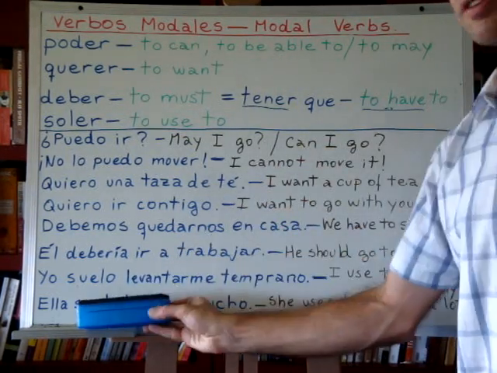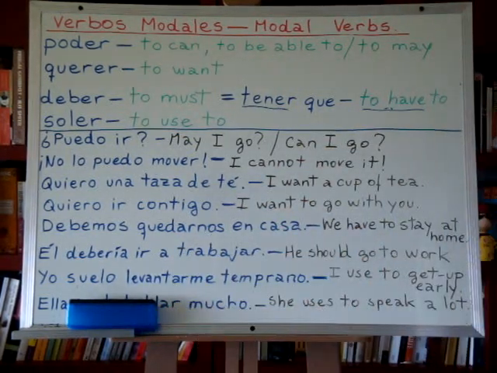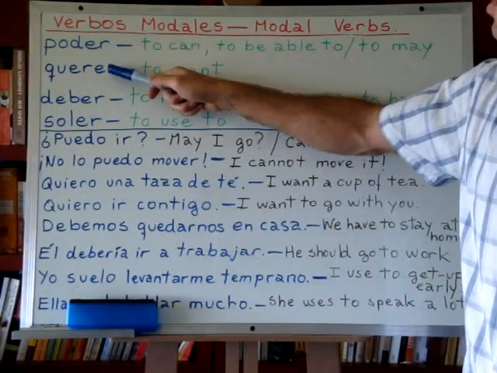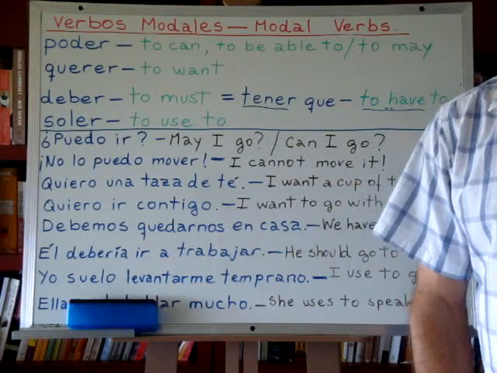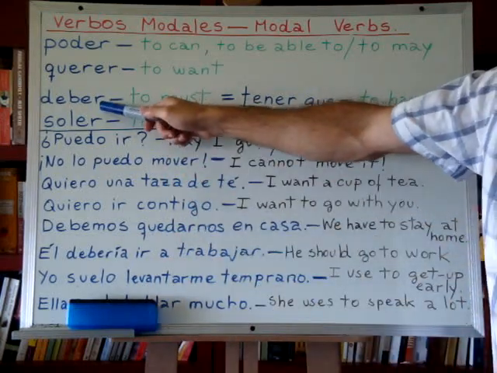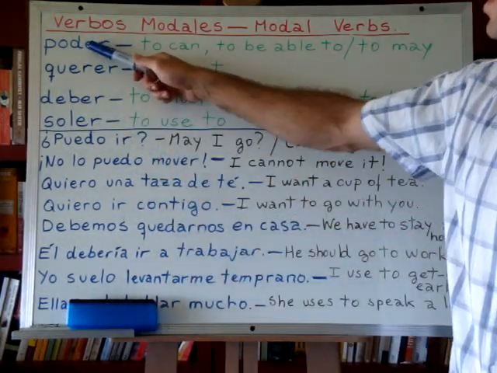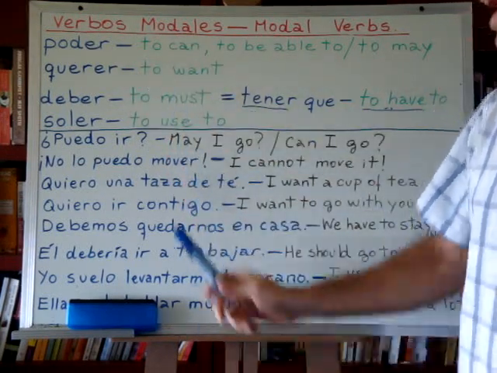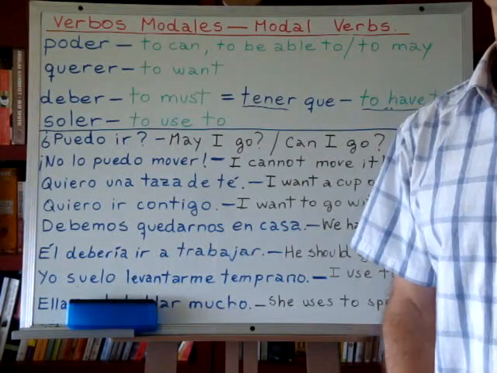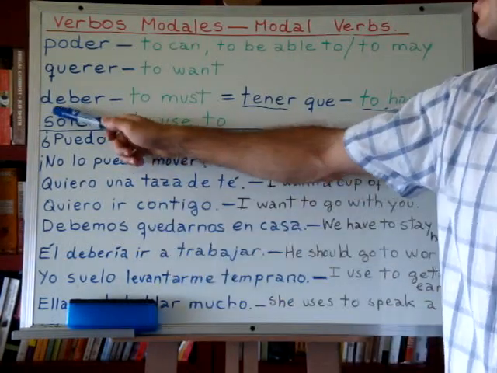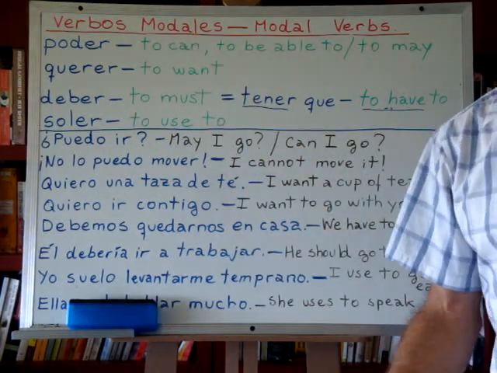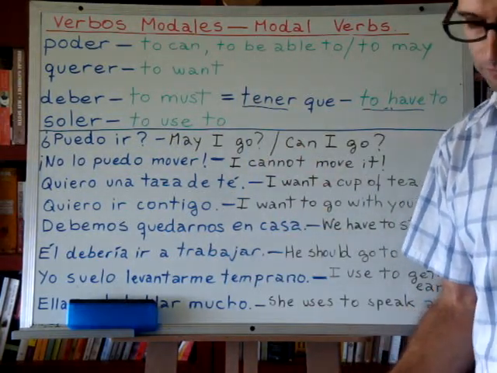I didn't choose them because of this. Okay, now I want you to see this. This verb, this one, and this one are irregular verbs. And this one here is regular. So, poder is an irregular verb. Querer is an irregular verb. And soler is another irregular verb. And the verb deber, that means to must or to have to, is a regular verb, okay?